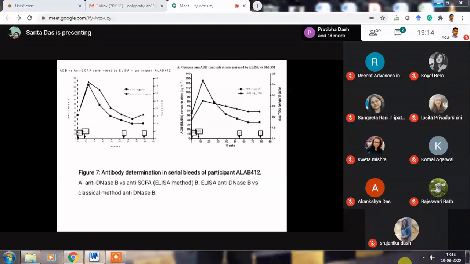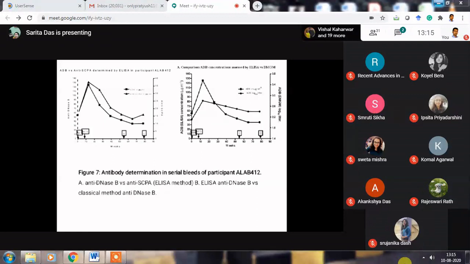So we used an antibody against another antigen, that is SCPA. So anti-SCPA and anti-DNase B coincide. The effect after group A infection coincides in both cases.